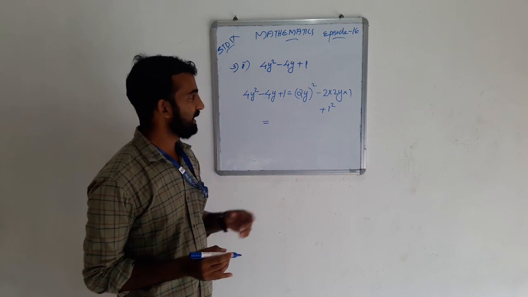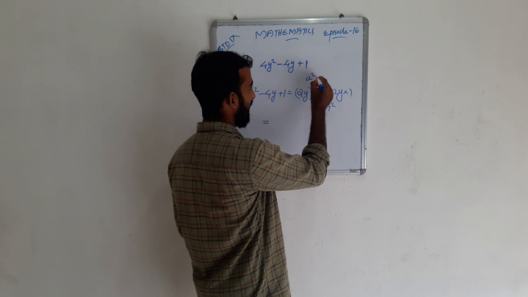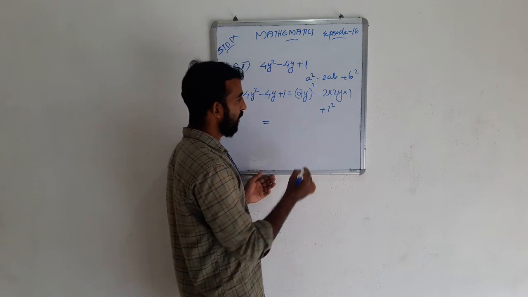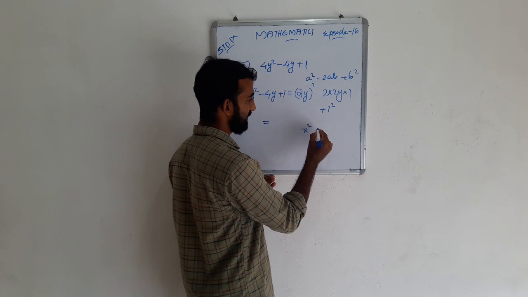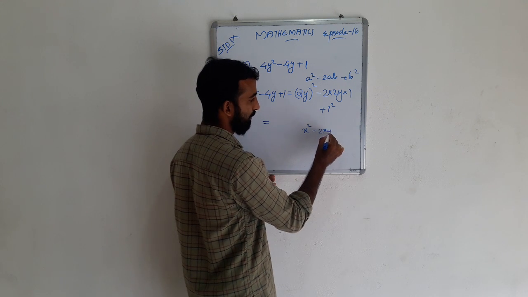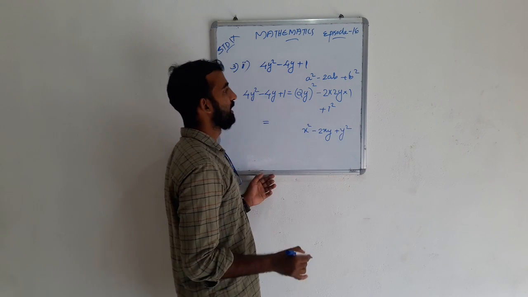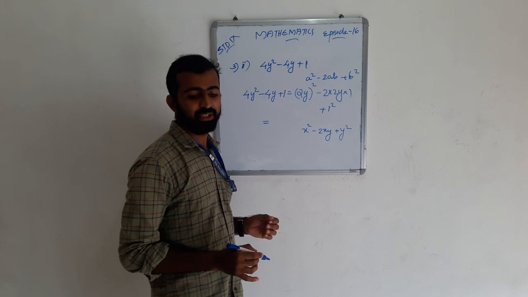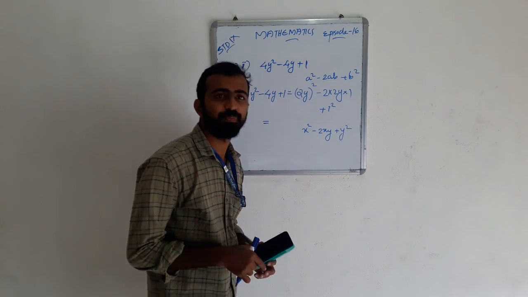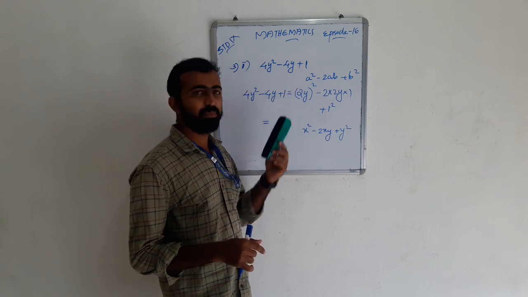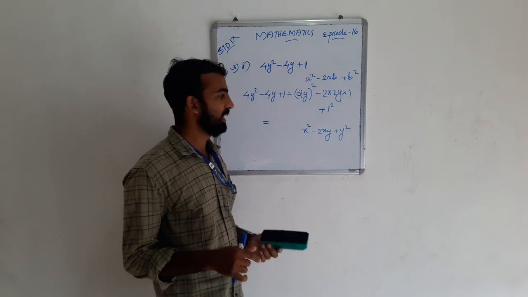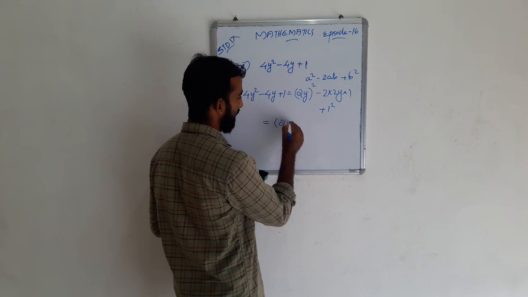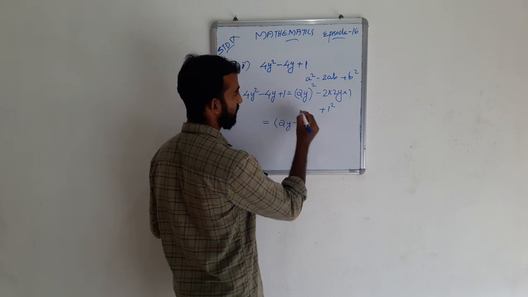2y the whole square means here in the form a square minus 2ab plus b square, or in the form x square minus 2xy plus y square. Here x is 2y and y is 1. So we can write 2y minus 1 the whole square.